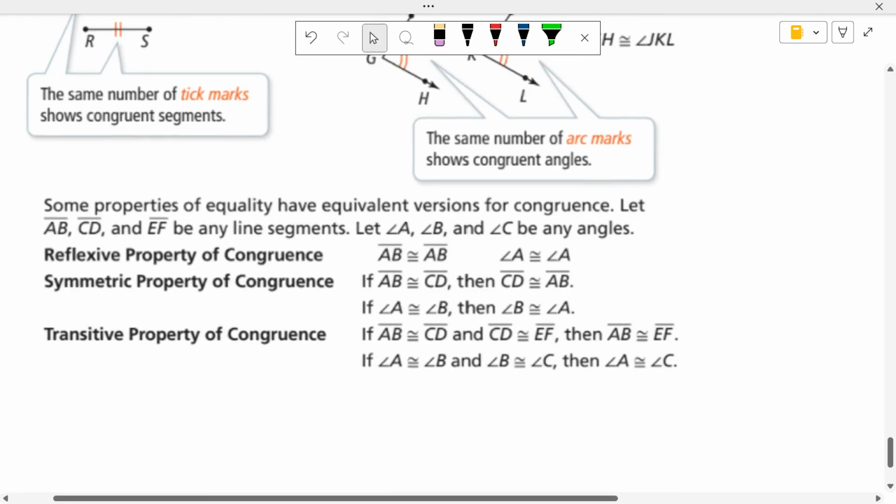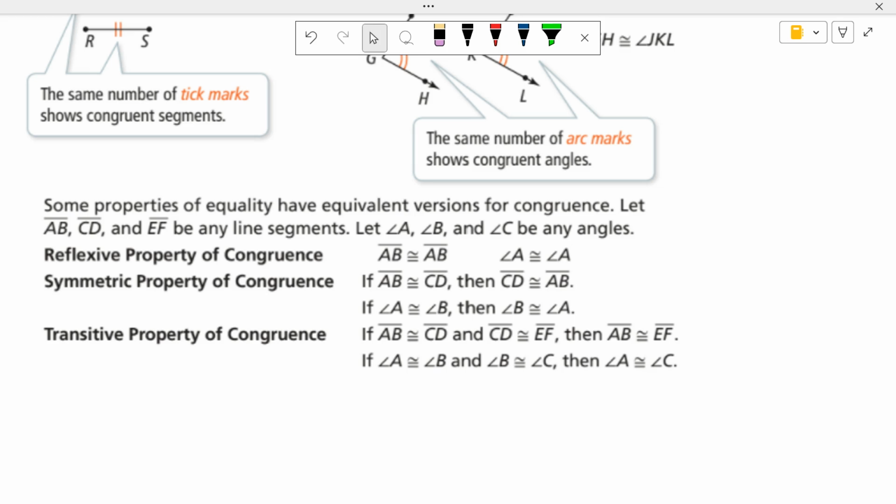Okay? All right. Some of the properties. We'll talk about these more when we get to proofs, but they introduce them now on day one. The reflexive property is if you have the same exact thing on each side of the equal sign. It's like reflection in the mirror. This is the same as this. If you flip things on opposite sides of the equal signs or congruent signs, if you flip them around, that's the symmetric property.